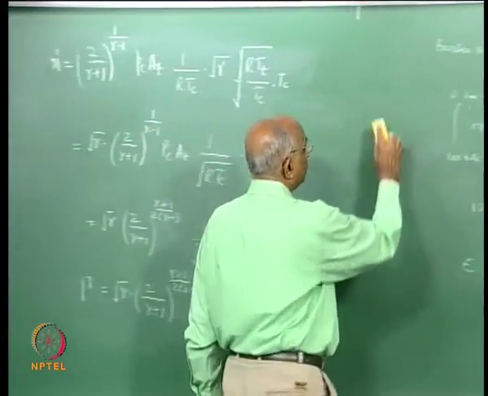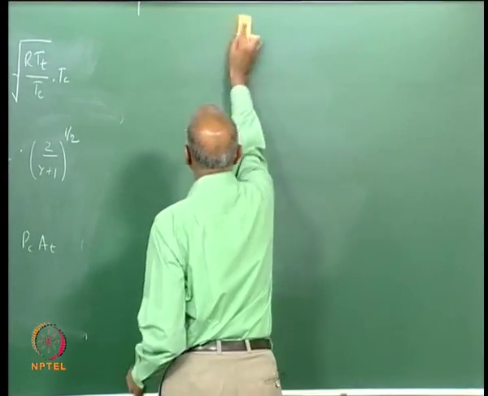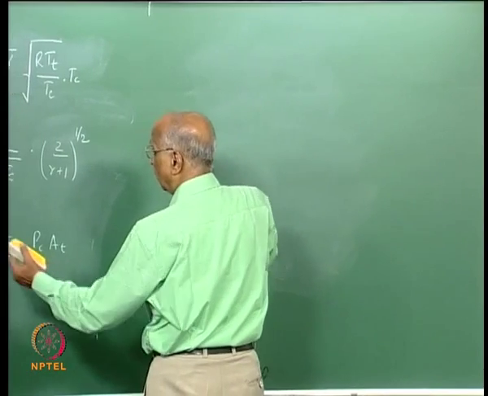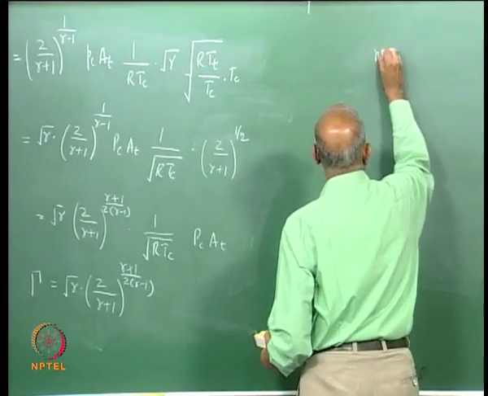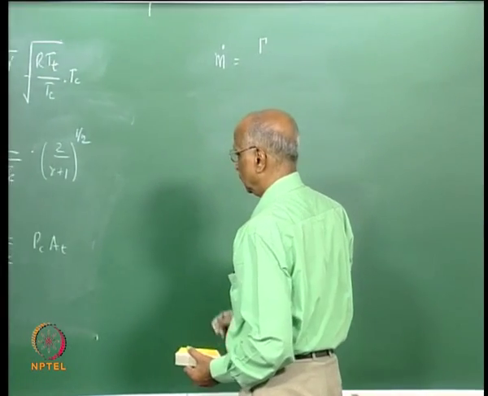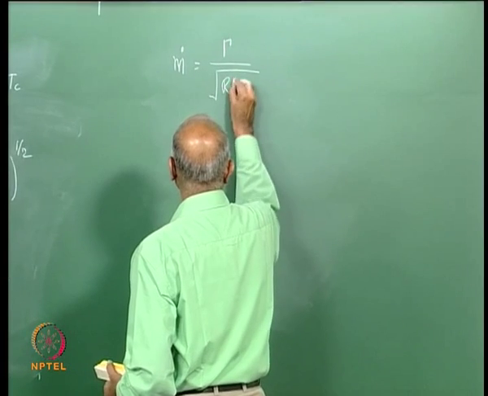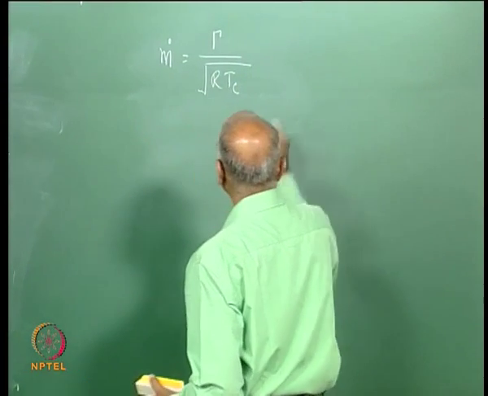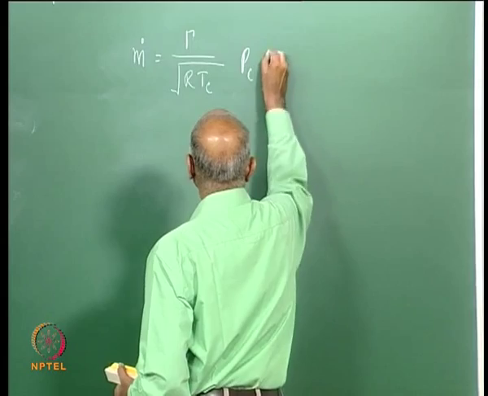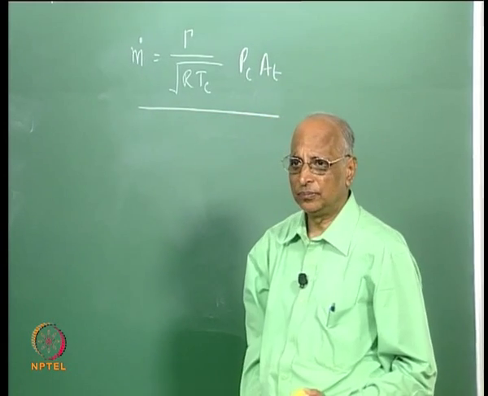In terms of capital Gamma, m dot is equal to capital Gamma divided by under root RTC into PcAt. This gives me my net mass flow rate.